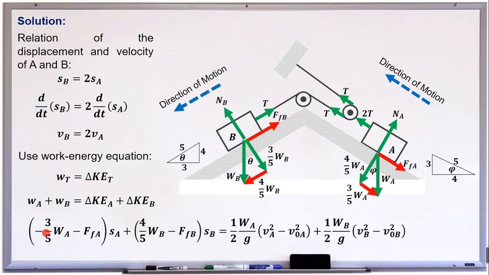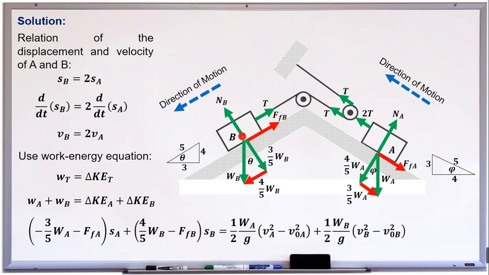Okay. By the way, before we proceed to this one, going back to our FBD, we have some color coding being used right here. The force vectors colored in green do not produce any work.